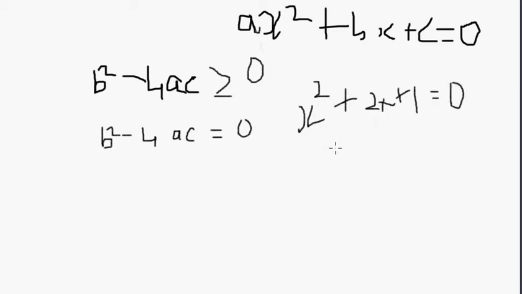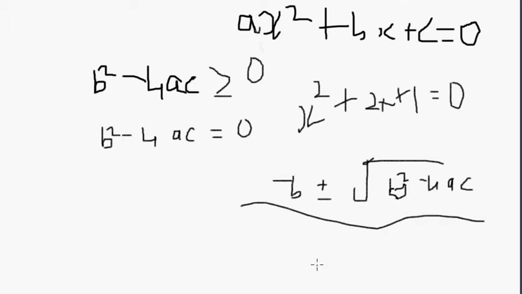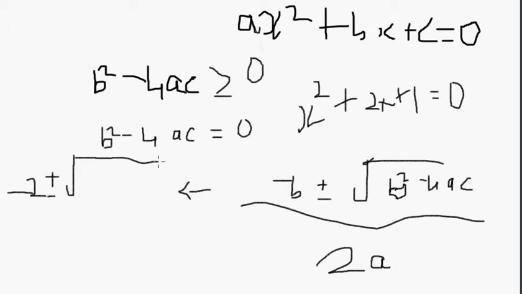If you put this in the formula, minus b plus or minus the root of b squared minus 4ac, you get minus b is minus 2, then plus or minus the root of 4 minus 4 into 1 into 1. So you get this discriminant value.